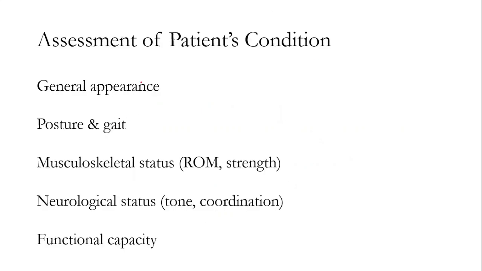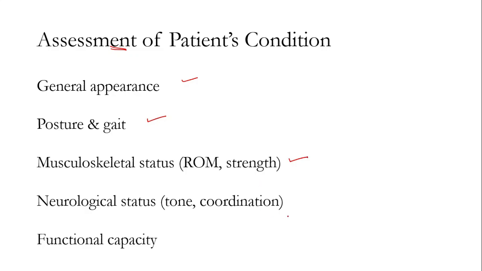Before starting any exercise, we must assess the overall condition of the patient. So you are going to look at the general appearance, like does the patient look tired, pale or in distress? And then you are going to check the posture and gait, like whether any obvious deformities or abnormal walking pattern is there. And you are going to test the musculoskeletal system, like joint mobility, muscle power.